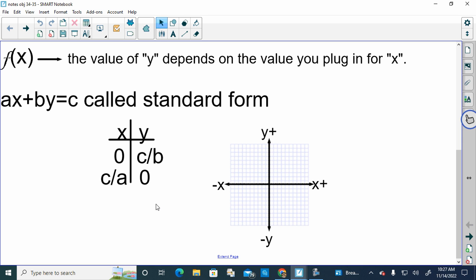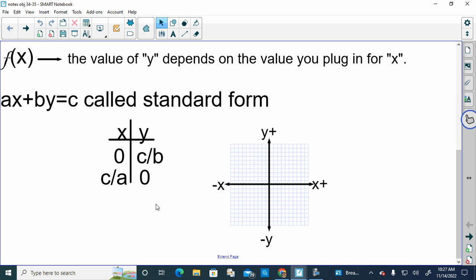Well, the easiest number to plug in is 0, right? Because anything times 0 is going to be 0. You can pick the number 1, but then you're going to have to multiply it by whatever number is there, okay? So when I plug in 0 for x, you're going to see it when we do these problems. Really, it just means that whole term goes away, and now I can solve for y.